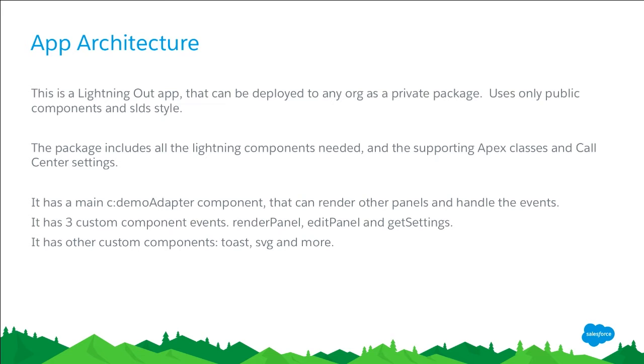It's basically an app that is hosted on a Visualforce page, but the whole thing is an app that contains multiple Lightning components. It only uses public components, of course, and SLDS style, or Salesforce Lightning Design System style. So we're trying to be very open and generic.